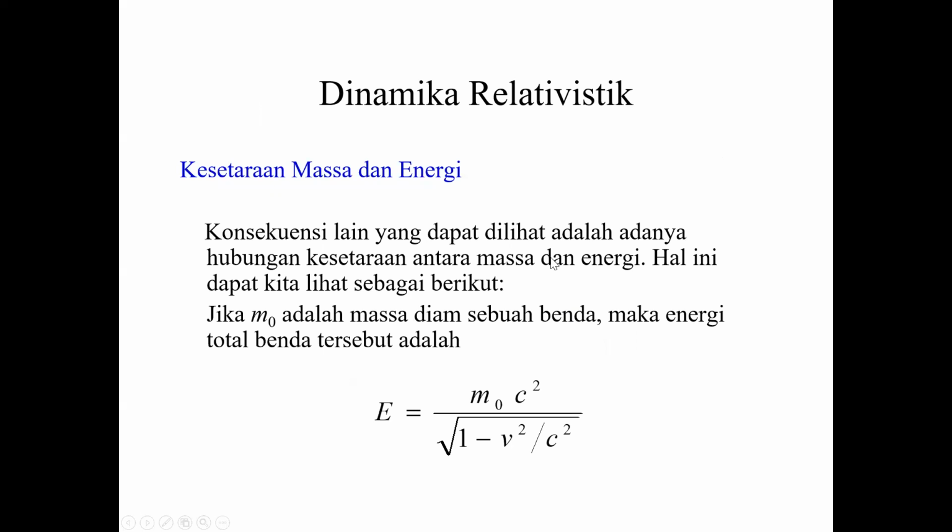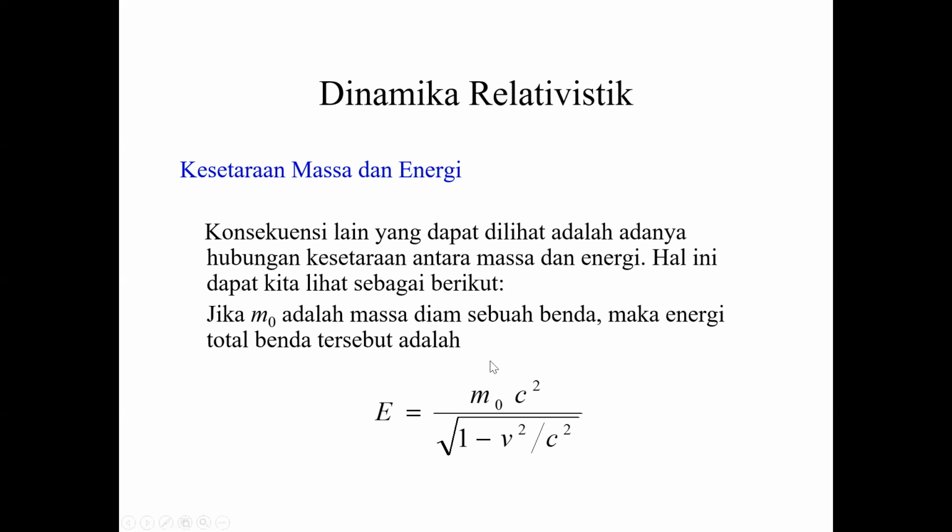So in this case, for example, we also have the energy and the mass. In special relativity, we introduce M0, the body mass at rest. And then we also introduce the total energy of a particle or body.